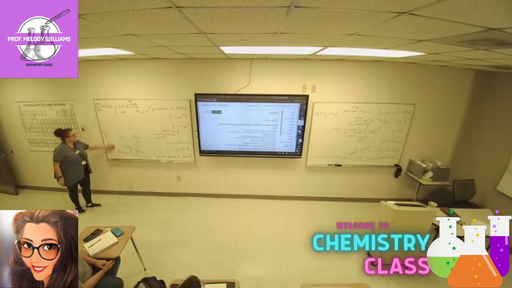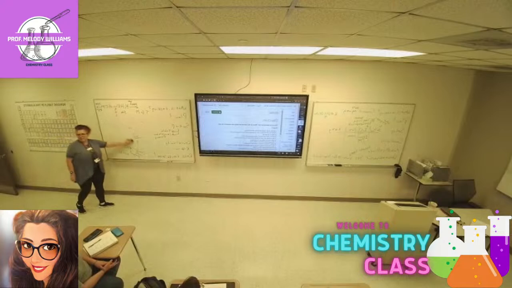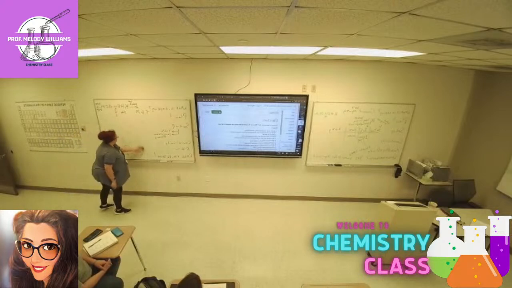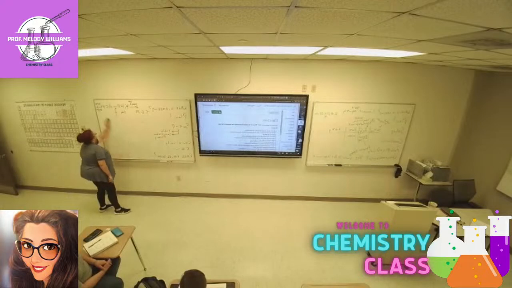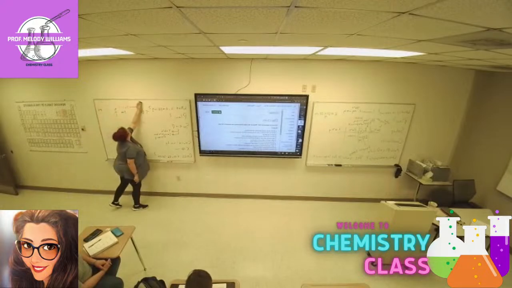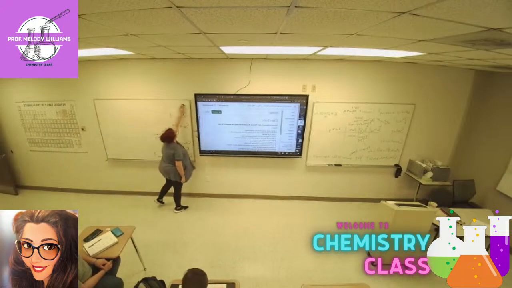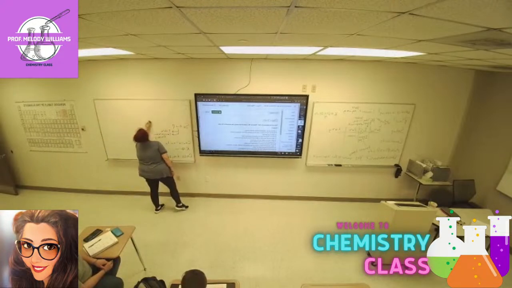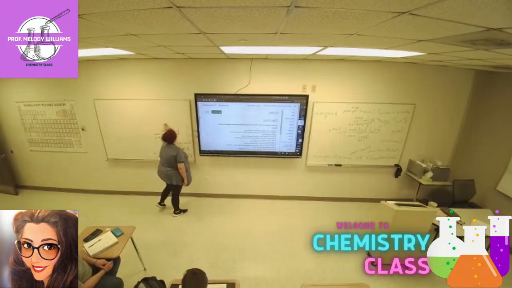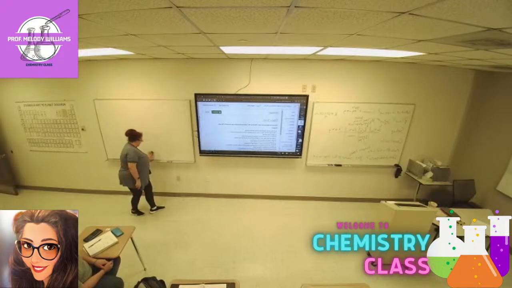Sometimes we have to convert from Celsius to Kelvin because a particular formula, like the ideal gas law, requires us to have temperature represented in Kelvin and not Celsius.